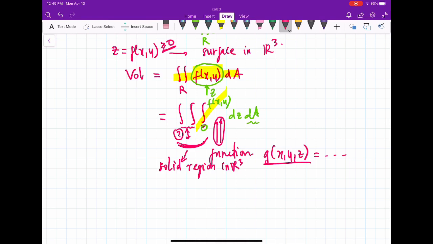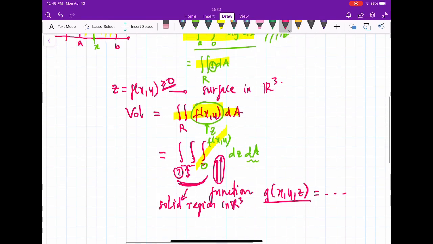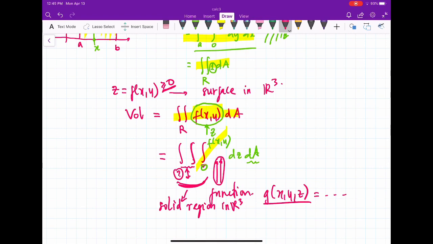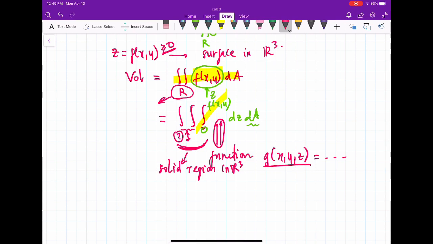Not in R2, right? Not in the xy-plane. Double integrals are taken over some planar region, but triple integrals are taken over some solid region in R3. Make sense?